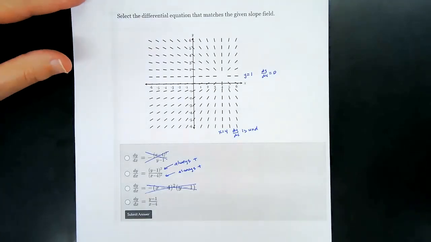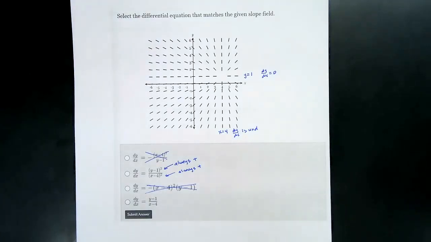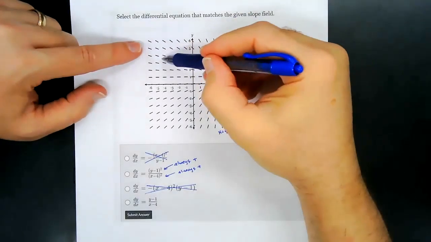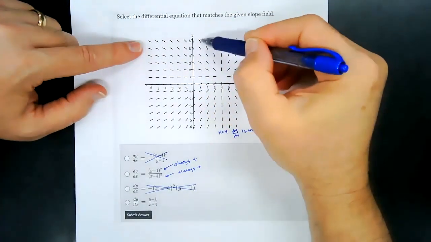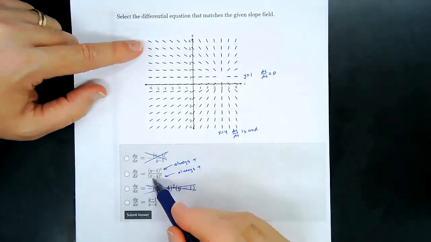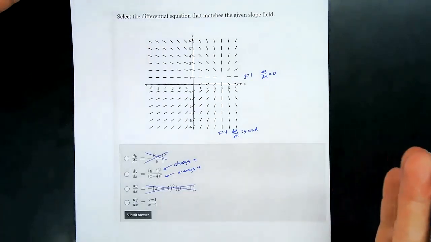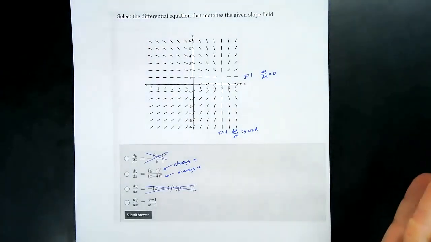So what does that mean? That means your slopes are always going to be positive. Now it could be 0, but they're never going to be negative. And if you look right in here, we have some slopes that are negative. Well, it can't be this one then, because when you square these, it's going to cause it to be either 0 or positive. It will never be negative.